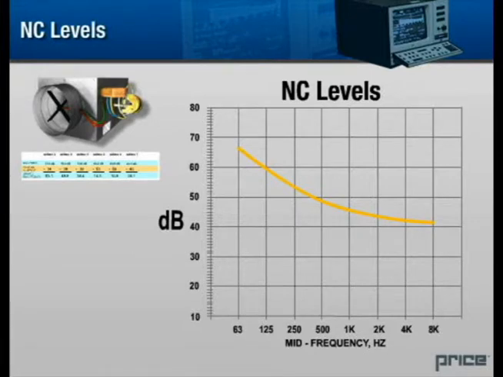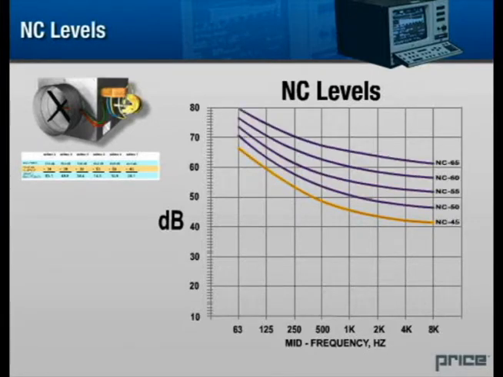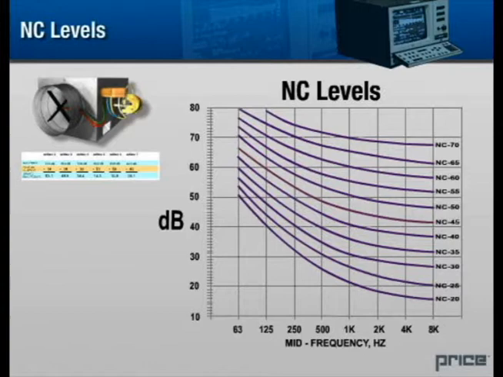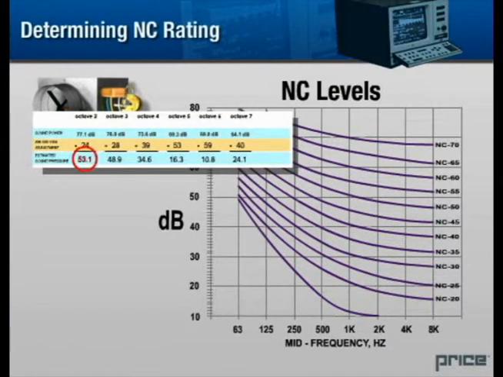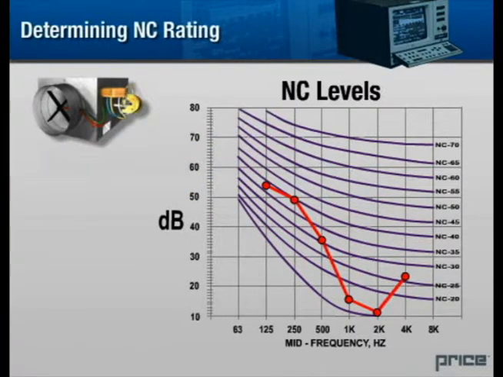This chart plots the human response to frequency versus volume in 5 decibel increments. These curves are commonly known as noise criteria, or NC curves. Any 2 points on a single curve will be perceived to be the same volume. If we take the adjusted figures from our octave band tests and plot them on the graph, we can determine an NC rating for the device.